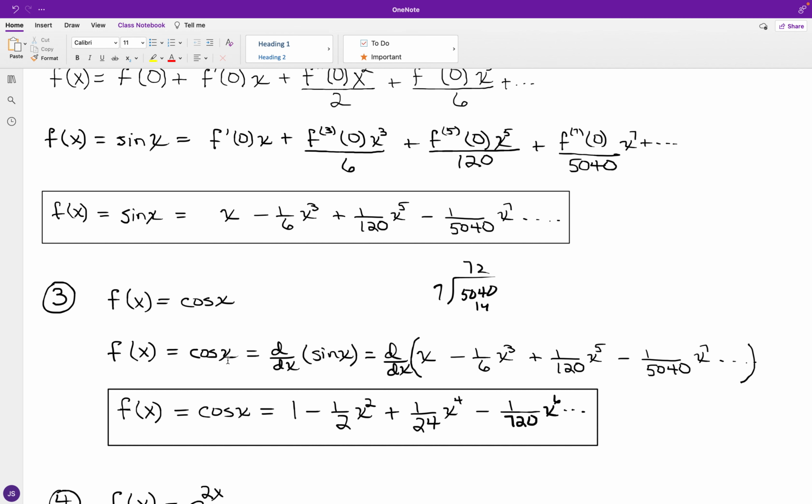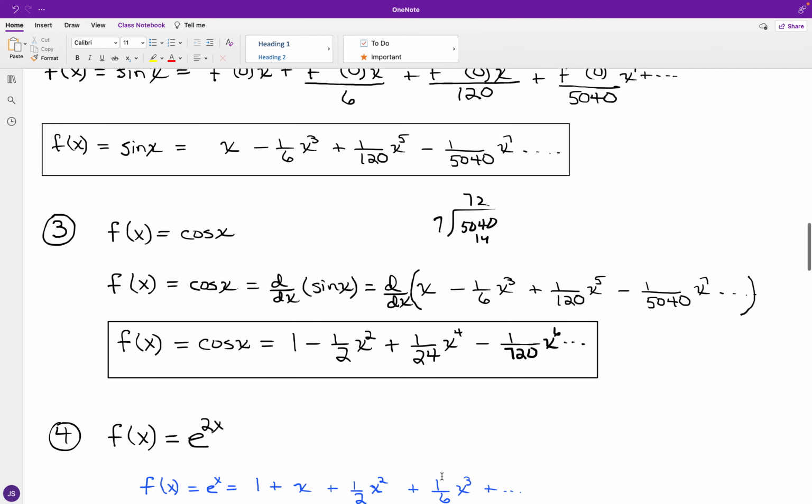Cosine of x is the derivative of sine of x, and if I take the derivative of the Maclaurin series for the sine of x, we have the derivative of what we have in the set. And so for the first four terms in the Maclaurin series that defines the cosine of x, we have 1 minus 1/2 of x squared plus 1/24 of x to the fourth minus 1 over 720 times x to the sixth.